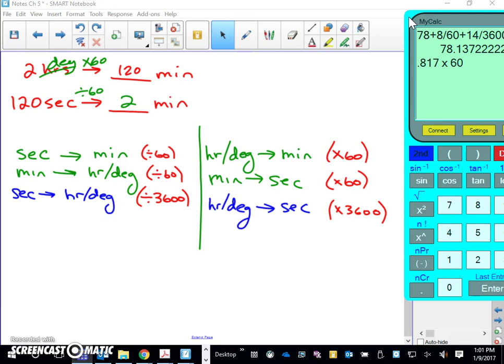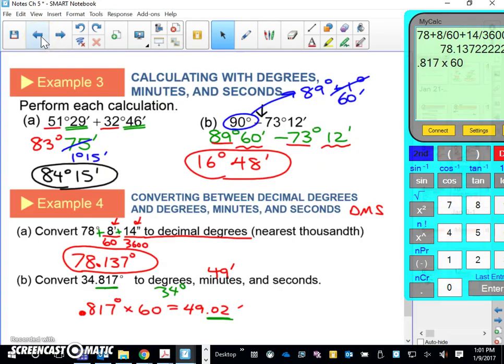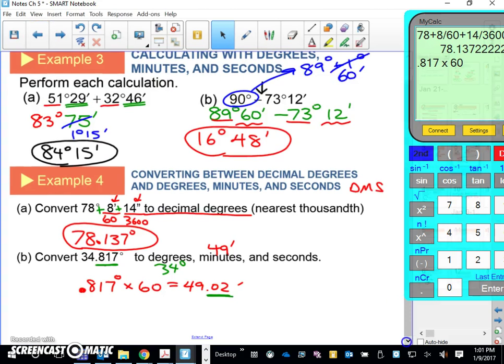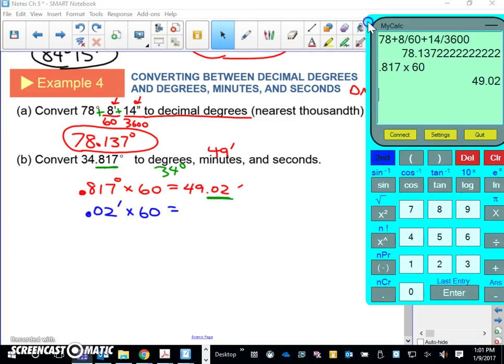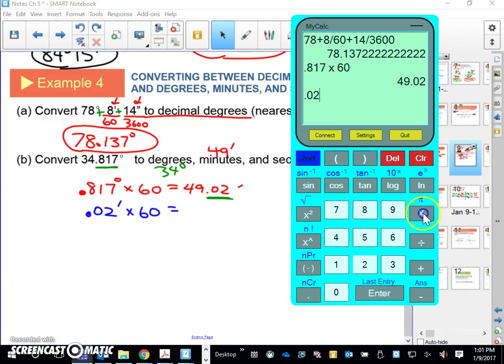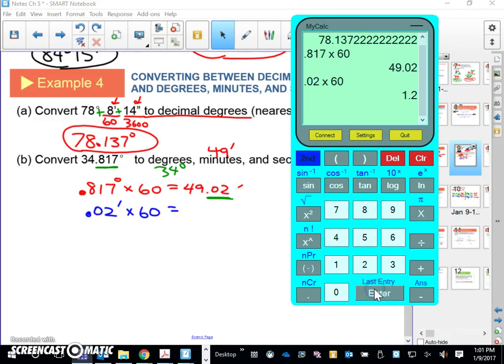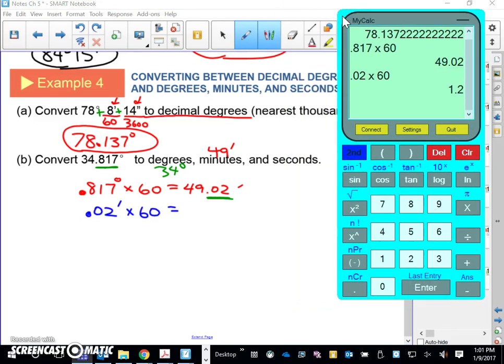And so that's times 60 there. We take the 0.02 minutes, multiply by 60, and that gets seconds. 0.02 times 60 is 1.2, and there's your seconds, 1.2 seconds. So your answer is going to be 34 degrees, 49 minutes, 1.2 seconds.